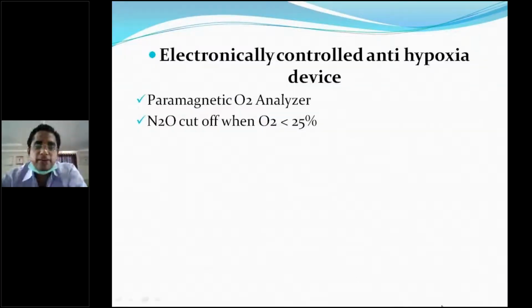An electronically controlled anti-hypoxia device is also known as the paramagnetic oxygen analyzer. So this paramagnetic oxygen analyzer cuts off nitrous oxide when the oxygen pressure is less than 25%.